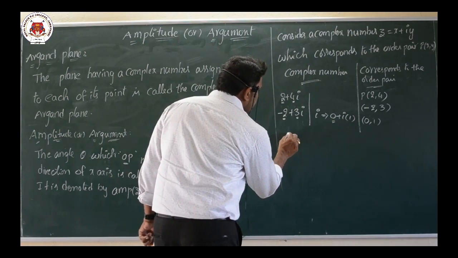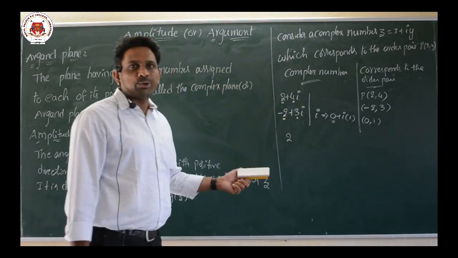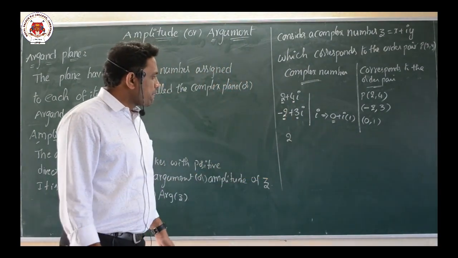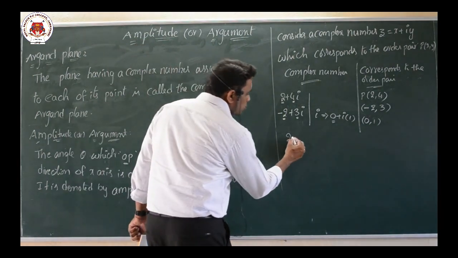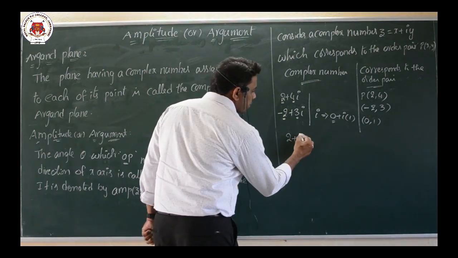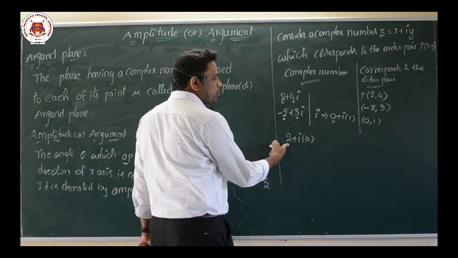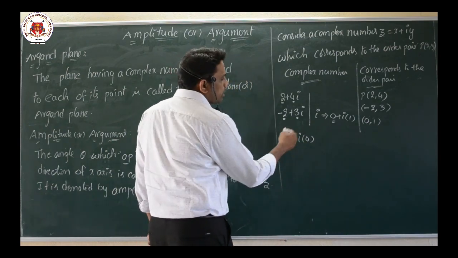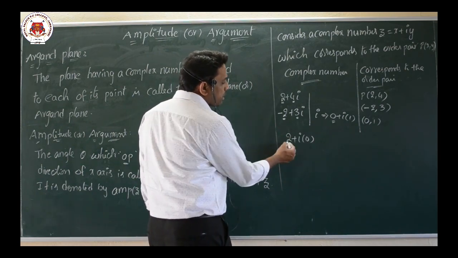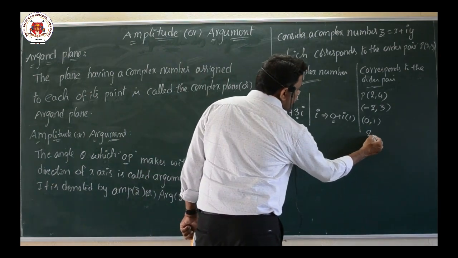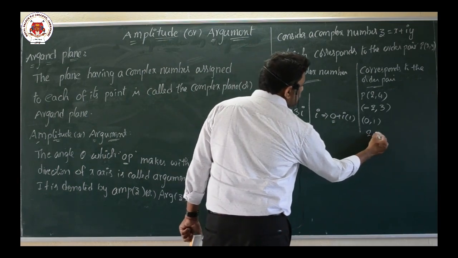We will take one more example. Suppose only the number 2 is there. The number 2 means only the real part is there and there is no imaginary part. So we will write i into 0, because i into 0 is 0, and 0 plus 2 is 2 only. What is the corresponding ordered pair here? The real part is 2 and the imaginary part is 0.